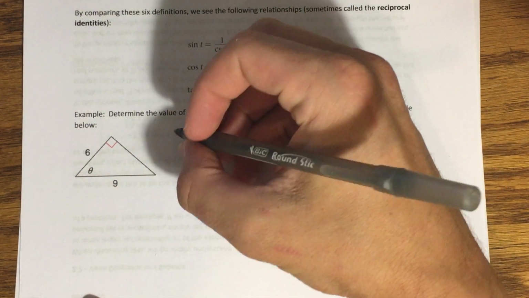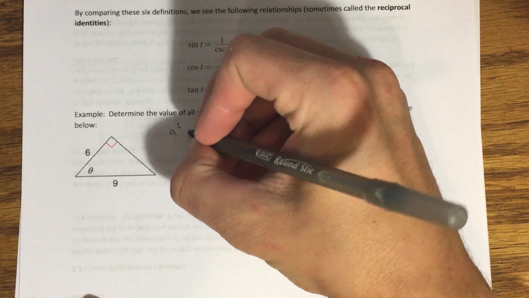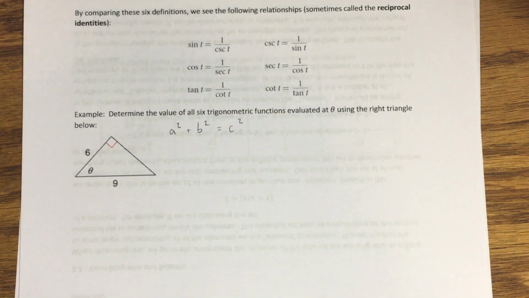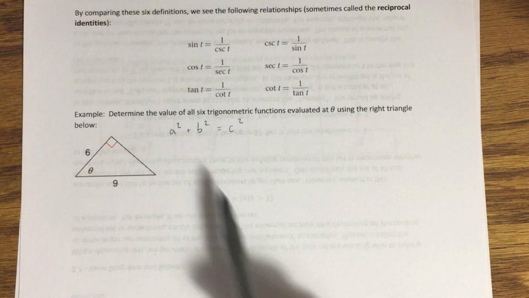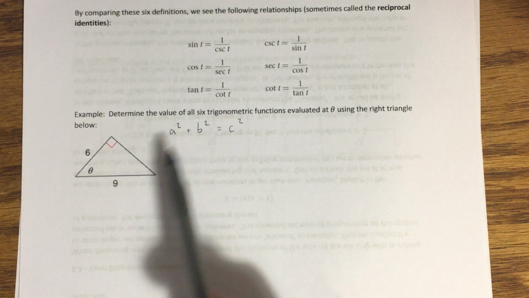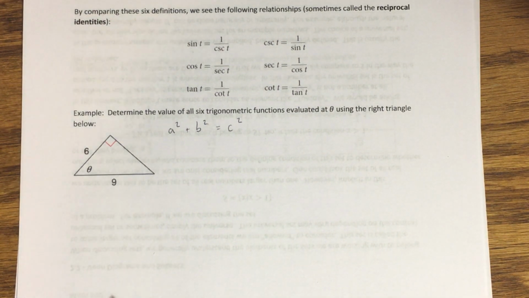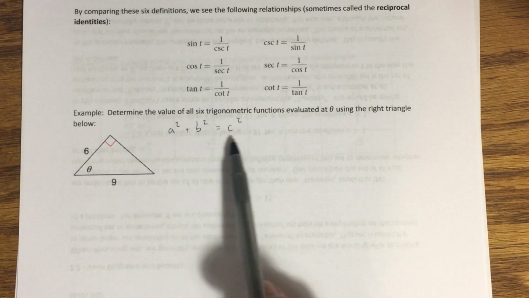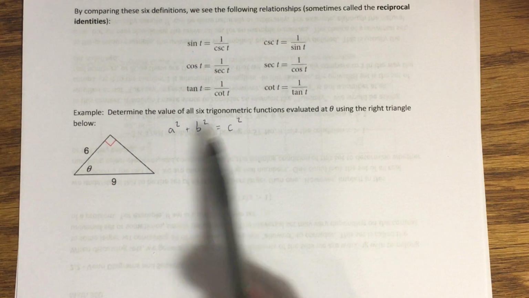You may remember the Pythagorean theorem as a squared plus b squared equals c squared. Now, in the case of a right triangle, a and b represent the legs of the right triangle, and it never matters which one you call a and which one you call b. But what does matter is that the hypotenuse, which in this case is 9, of this right triangle is c. It needs to be c.